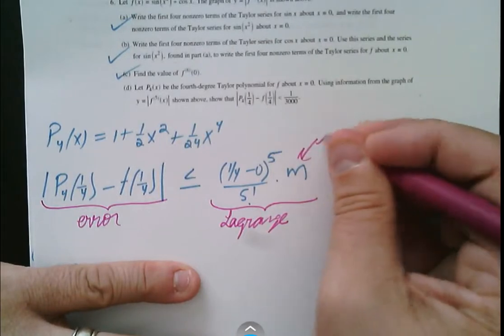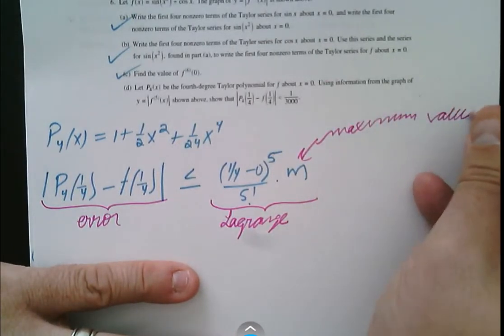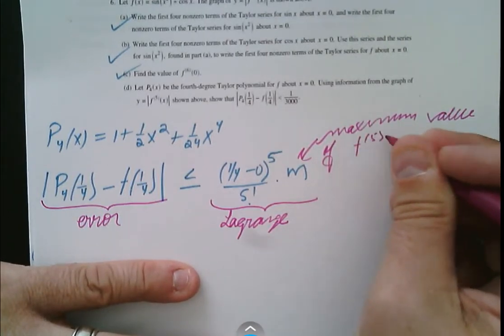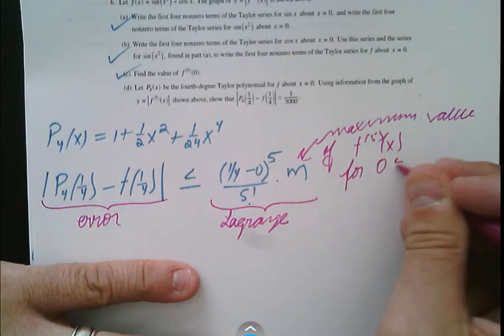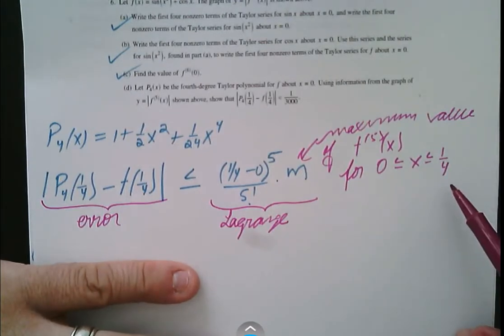What's M? M is the maximum value of the fifth derivative for the interval containing your center and the point that you are estimating.